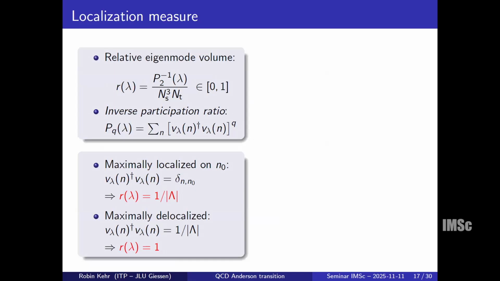So now we get to the localization part. First we have to talk about how we define this. Here we employ the inverse participation ratios, which are given by this formula, and q is the order. Here we take the second order. If we take the inverse of this and divide it by the number of all lattice sites, we get a quantity between 0 and 1, where 1 means perfectly delocalized and 0 perfectly localized.